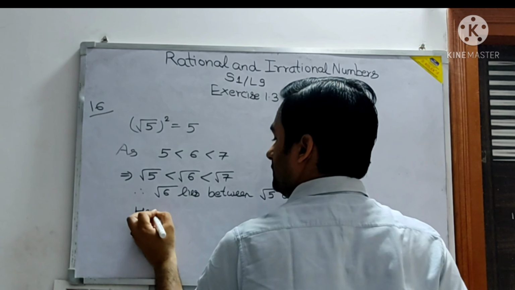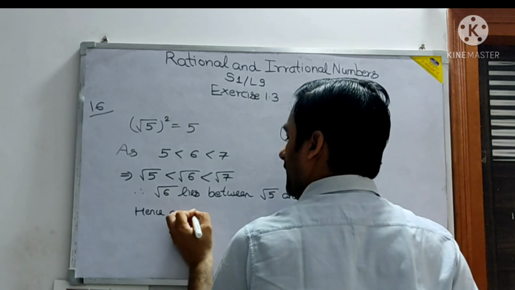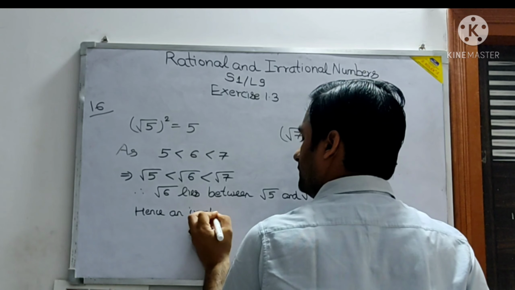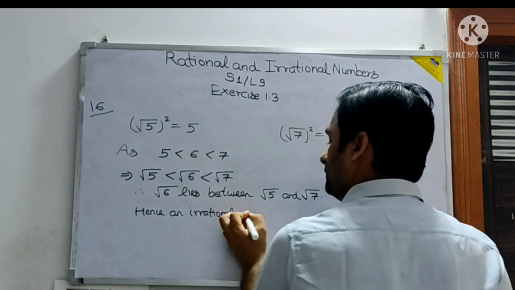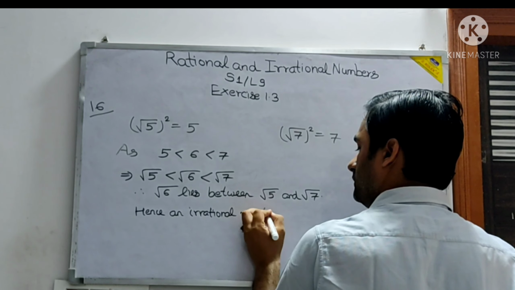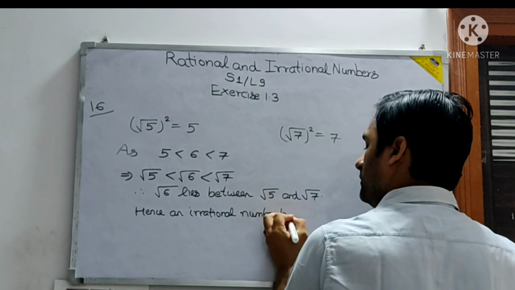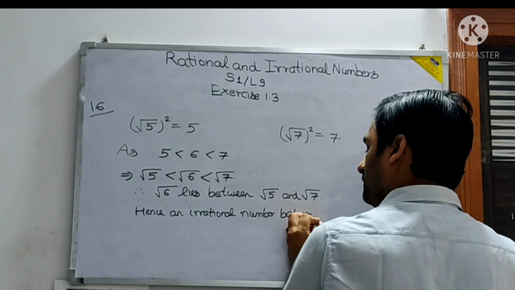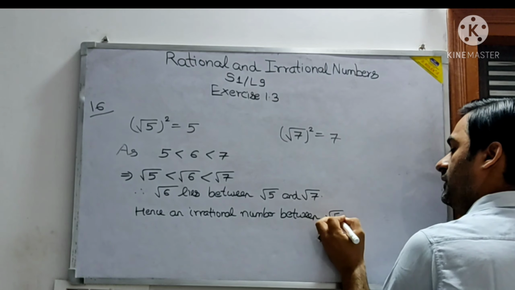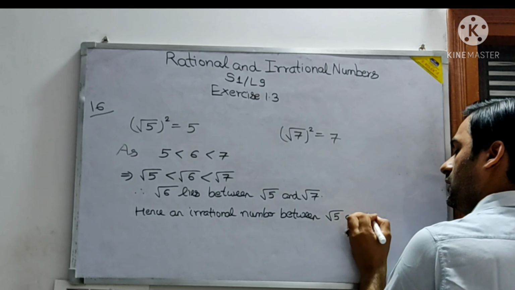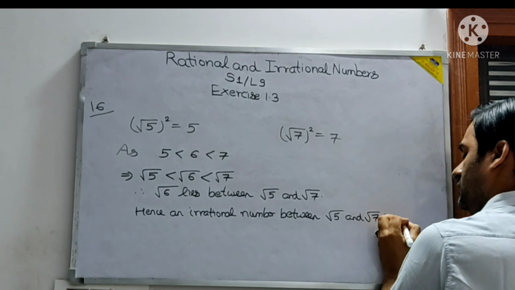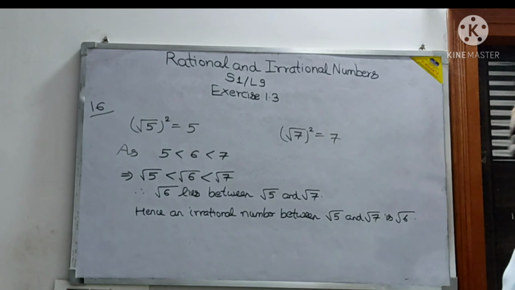Hence, an irrational number between root 5 and root 7 is root 6. Okay. This completes this exercise 1.3.